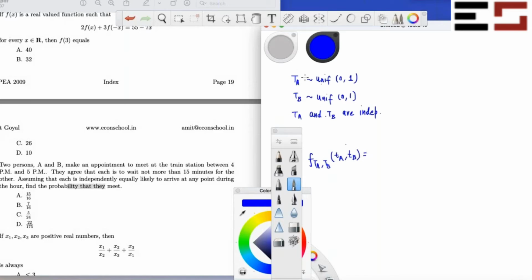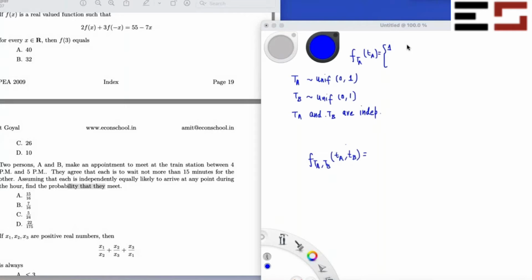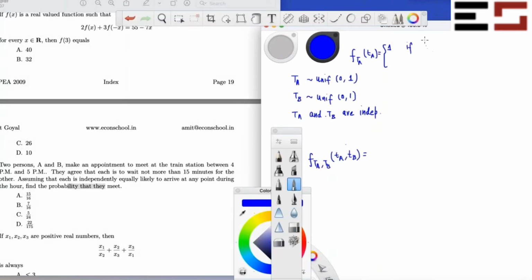What is the distribution of ta? What is the density of ta? It is 1 if ta is between 0 and 1 and 0 otherwise, right? All of you are aware of the uniform distribution, uniform 0 1.